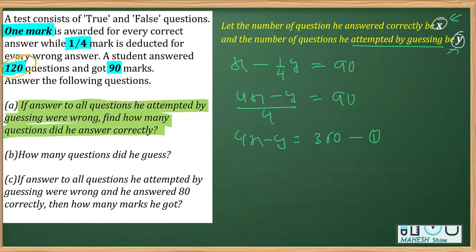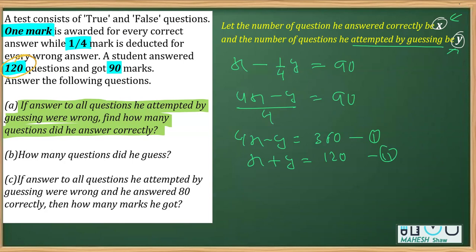So the number of questions either guessed or correct is 120, irrespective of whether he answered correctly or incorrectly.